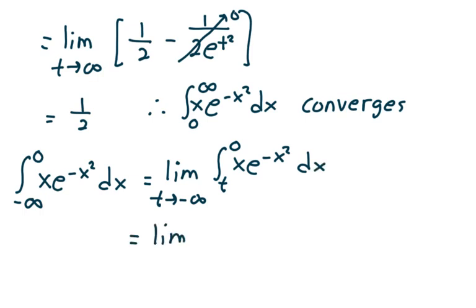So this is the limit of negative 1/2 e to the negative x squared, same argument as before, evaluated from t to 0.